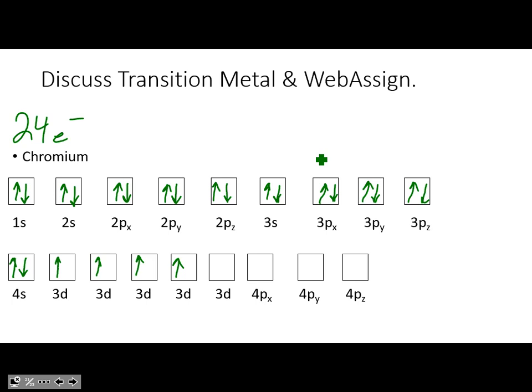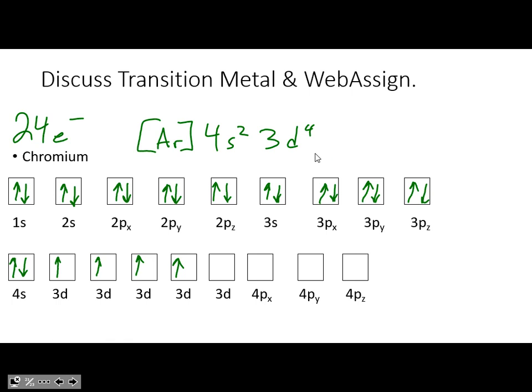But here is the way that you would expect to write this. So you would say that I have argon, and then I have 4s2, 3d4. But once again, like I said, this is one that transitions that electron.